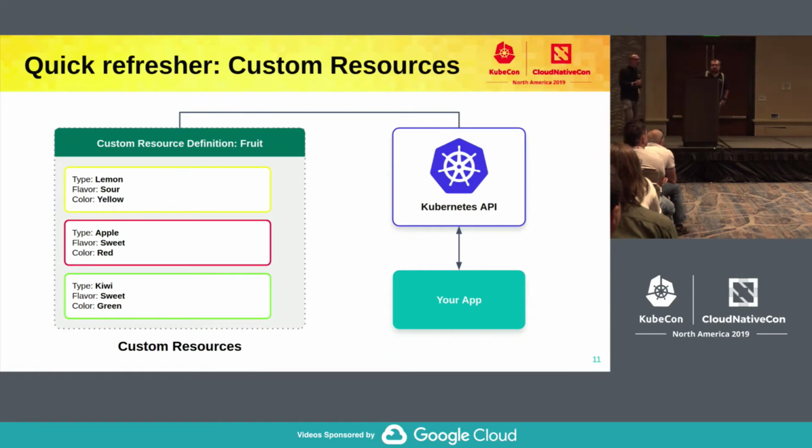Something that we'll talk a bit about as we continue the rest of the conversation here is custom resources. This is something that's used heavily by a number of CNI plugins that perform this kind of functionality. The fancy way to talk about custom resources is to say that custom resources are an extension of the Kubernetes API.